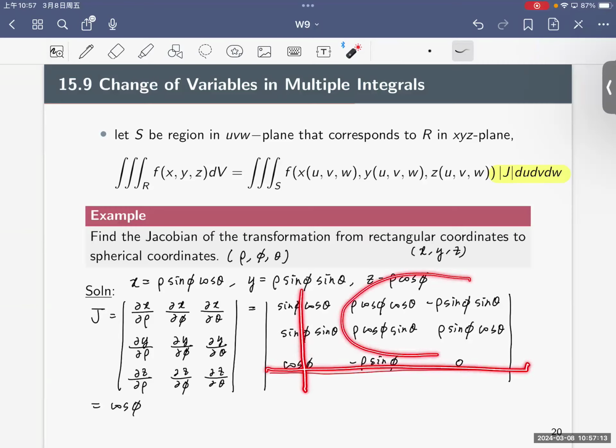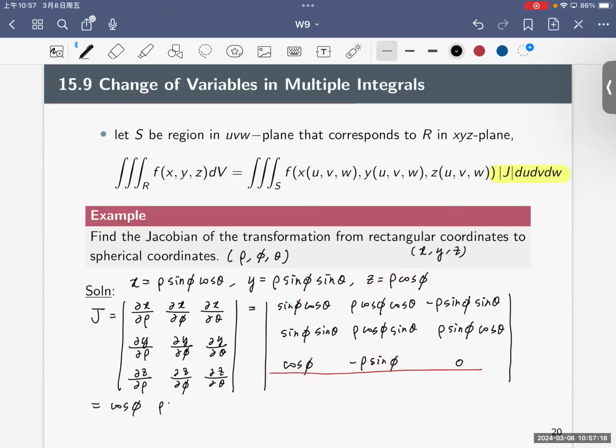Now I have a second order determinant: this term times this term minus this times this. So it's rho cosine phi cosine theta times rho sine phi cosine theta, minus a negative makes a plus, rho sine phi sine theta times rho cosine phi sine theta.